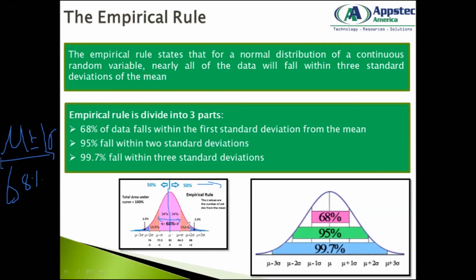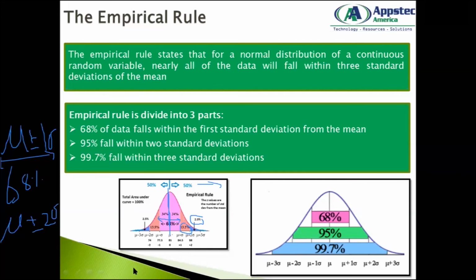Then with mu plus minus 2 sigma, I'm covering another 13.5% on both sides, and beyond that, 2.5% of the data. So if mean mu is at 0, I deviate to mu plus minus 2 sigma, which gives me a certain range in terms of the empirical rule. But when I go plus minus 3 sigma, I cover 99.7% of my data.